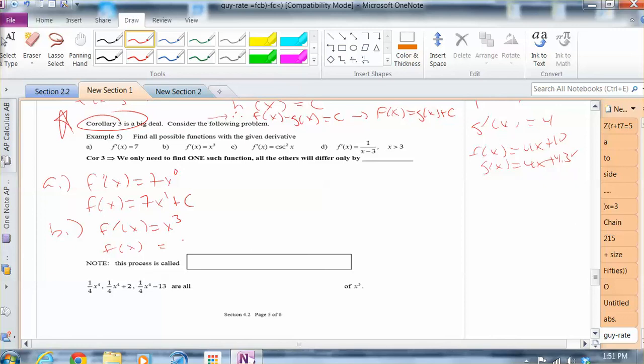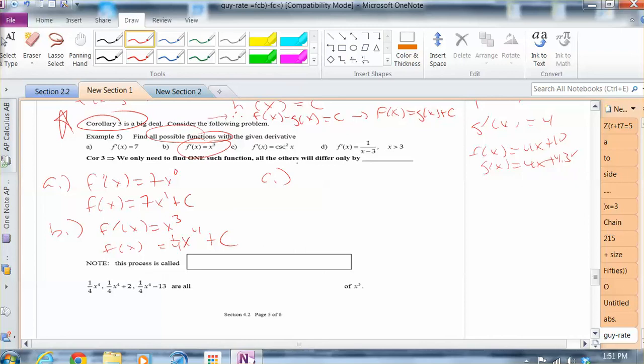What if I increase the exponent by 1? Make it x to the 4 power. But if f of x is x to the 4 power, the derivative would be 4x cubed. So I'm going to put a 1/4 here. So if I did take a derivative of that, I would get x cubed. But of course, plus c. That would find all possible functions that would have that derivative. So don't forget about the plus c.